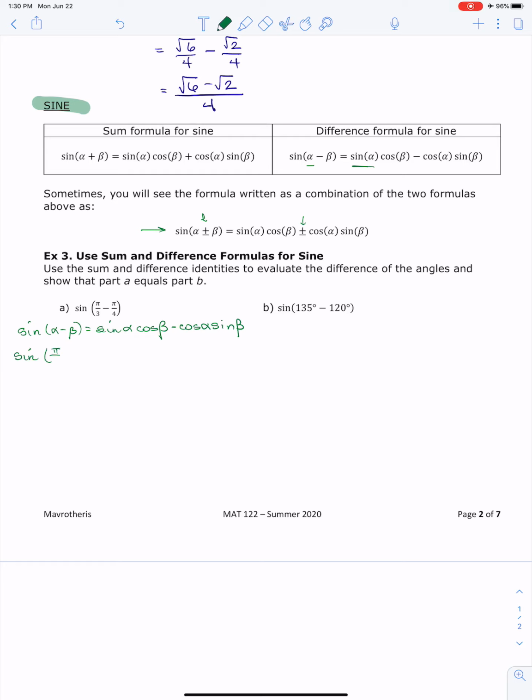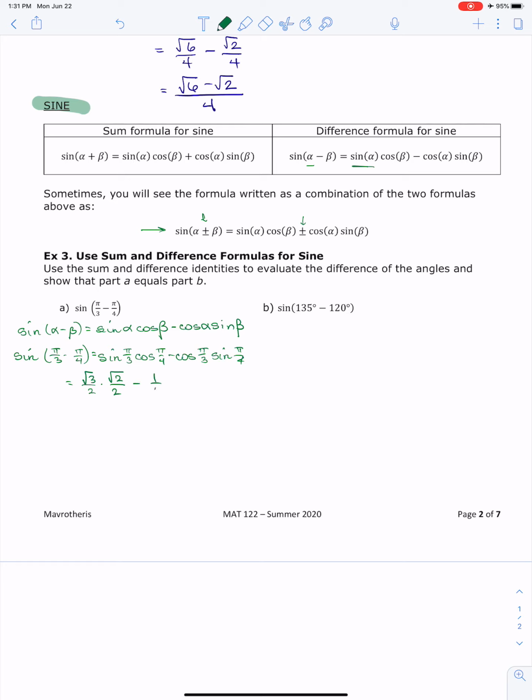Okay, so now I'm going to fill in my angles here. Sine of pi over 3 minus pi over 4 is going to be the sine of pi over 3 times the cosine of pi over 4 minus the cosine of pi over 3 times the sine of pi over 4. The sine of pi over 3 is square root of 3 over 2. Cosine of pi over 4, we're going to start to really like these cosines and sines of pi over 4 just because they're exactly the same all the time.